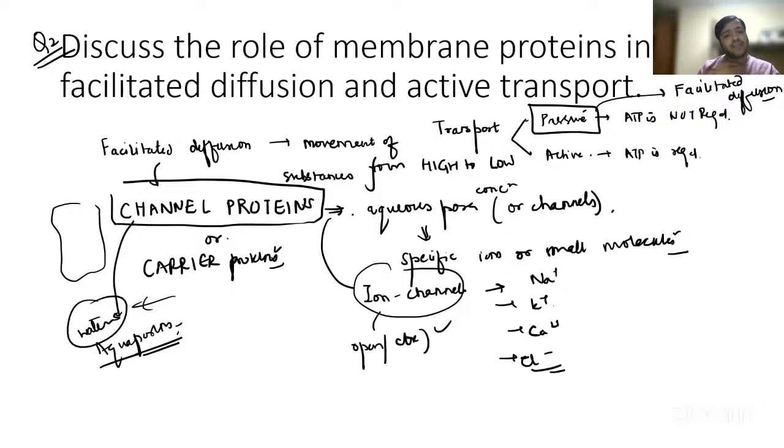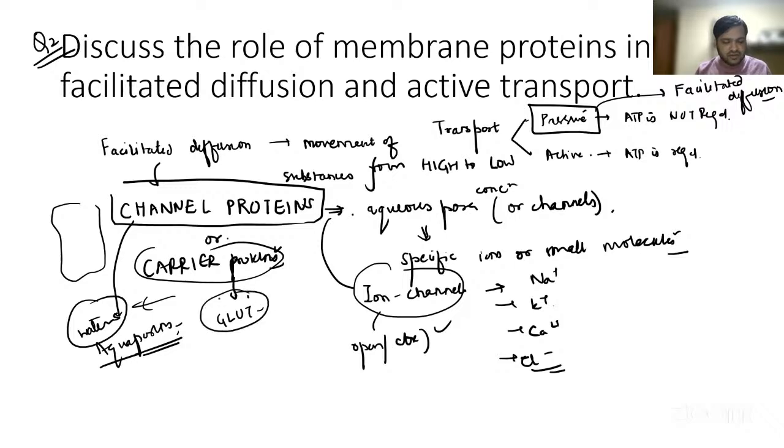Now we have carrier proteins also. Carrier proteins are the ones that undergo a conformational change if they bind to any particular molecule, right? If they undergo a conformational change, they will allow that molecule to go inside the cell. The most common example is the glucose transporter.